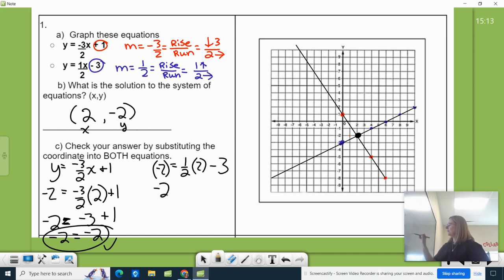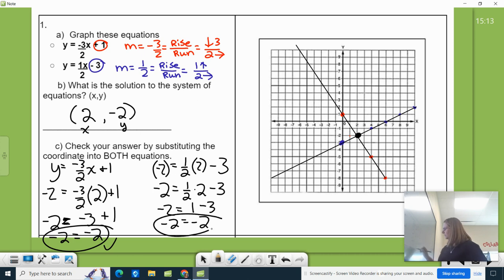So I have negative 2 equals 1/2 times 2 minus 3. All right, 1/2 times 2 is 1. 1 minus 3 is negative 2. And there I am again. Negative 2 does equal negative 2, so that is also true.